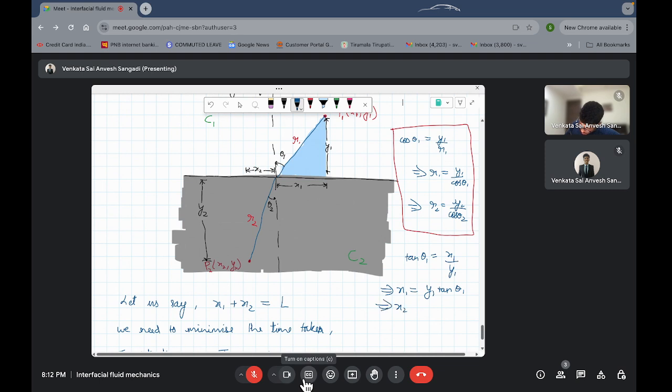Similarly x2 is equal to y2 tan theta 2.